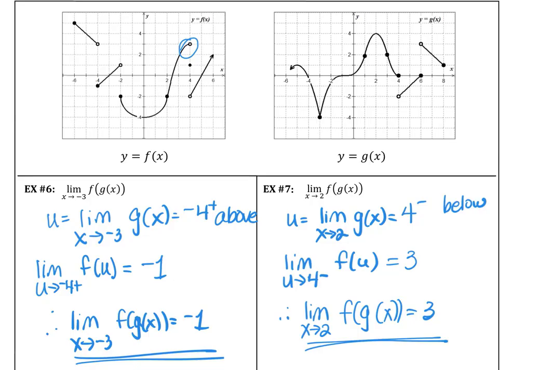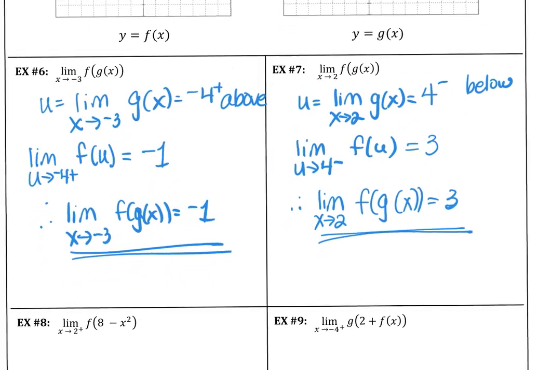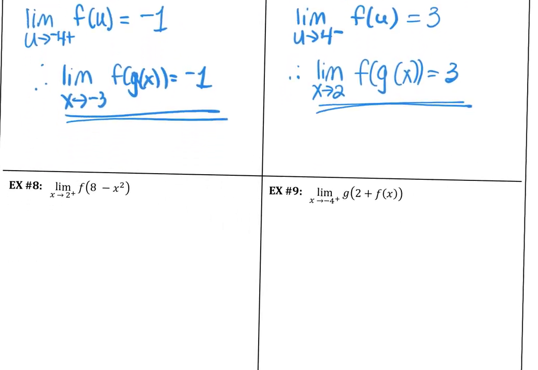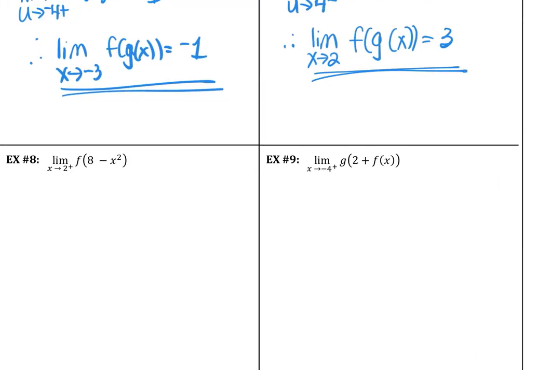Then in our last two cases, these are the trickiest kind of all. When our limit goes to 2 from the right on f of 8 minus x squared, I first want to consider what the graph of 8 minus x squared looks like. If you think about the graph of 8 minus x squared, we've got an upside down parabola that shifted 8 units up, and we want the limit at 2.